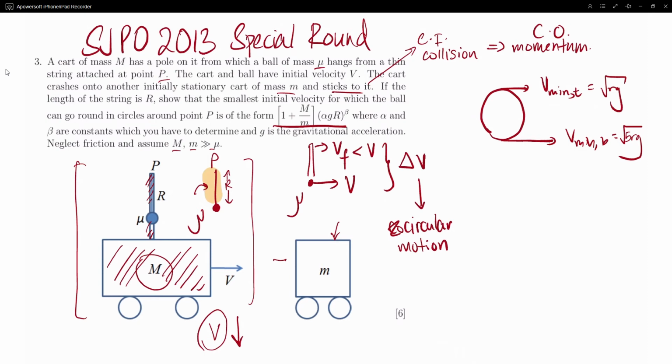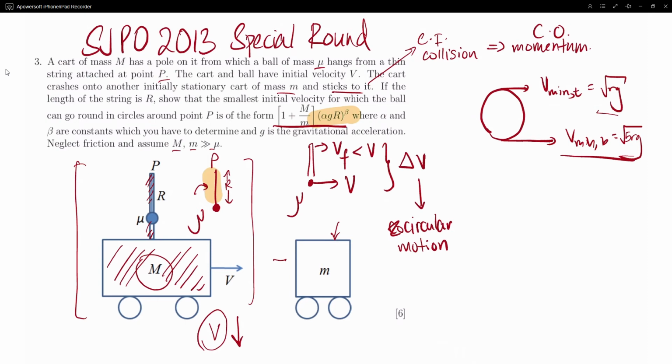Of course we are going to show how to derive this, but if you have this memorized already, you'll notice that this root 5rg is very similar to what the question wants, which is alpha gr to the power of beta, because it's simply 5gr to the power of 1/2, so you know you're onto something. Let's derive this equation for minimum velocity at the bottom, because that's what we want to find.